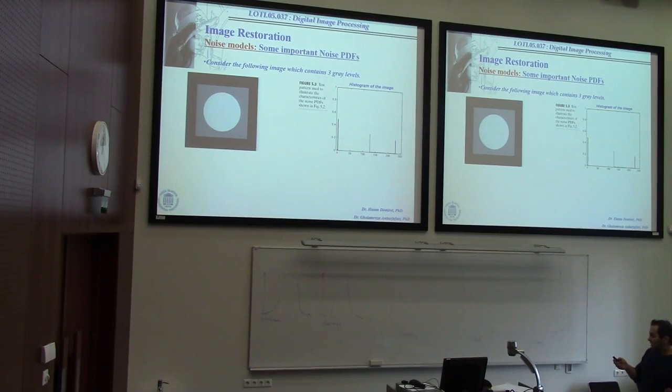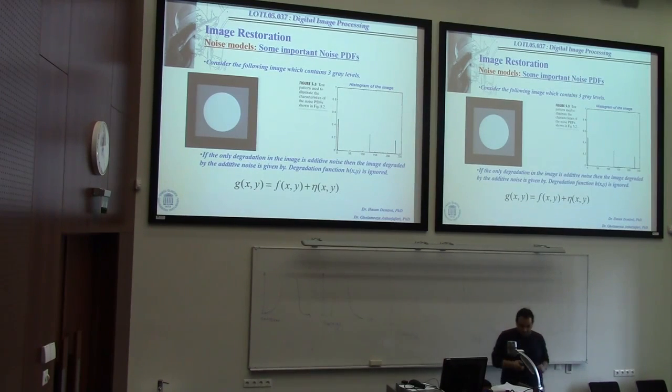For example, if you consider this image as an original image, we have 3-level grayscale, black, gray, and close to white. We have the histogram of the image like this. Black part is here, and gray, and the values that are close to white, or 255.